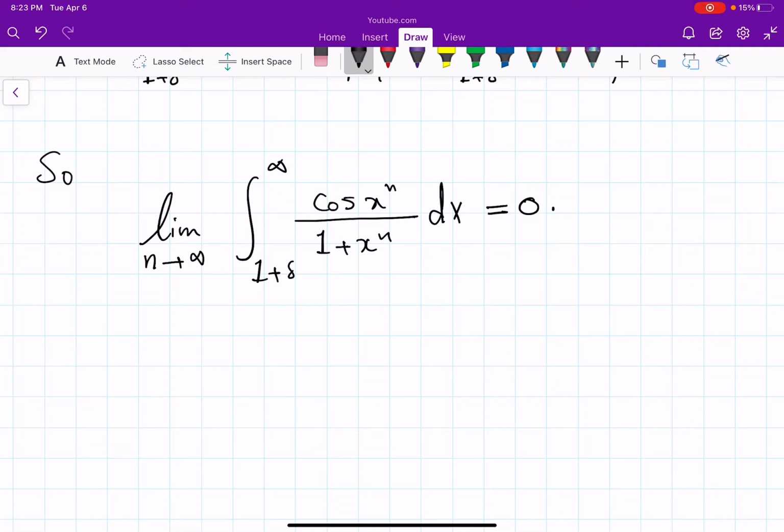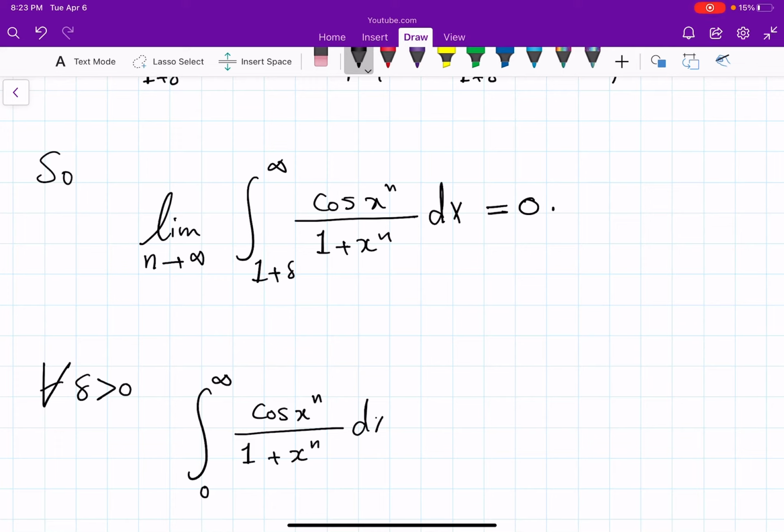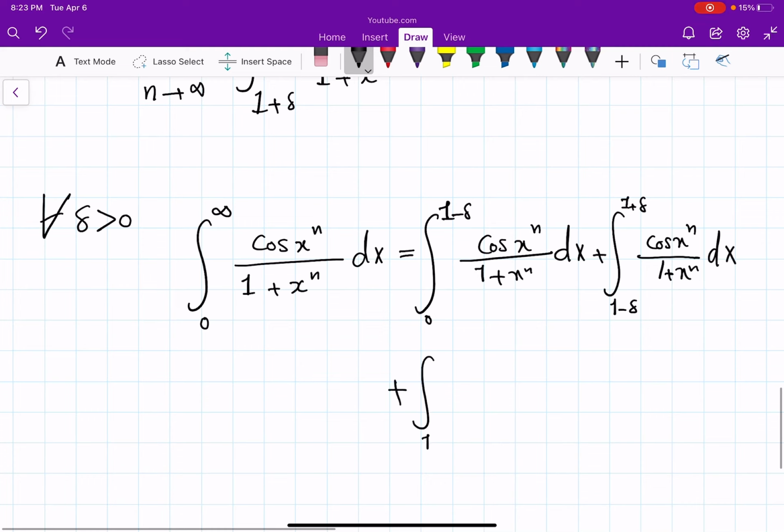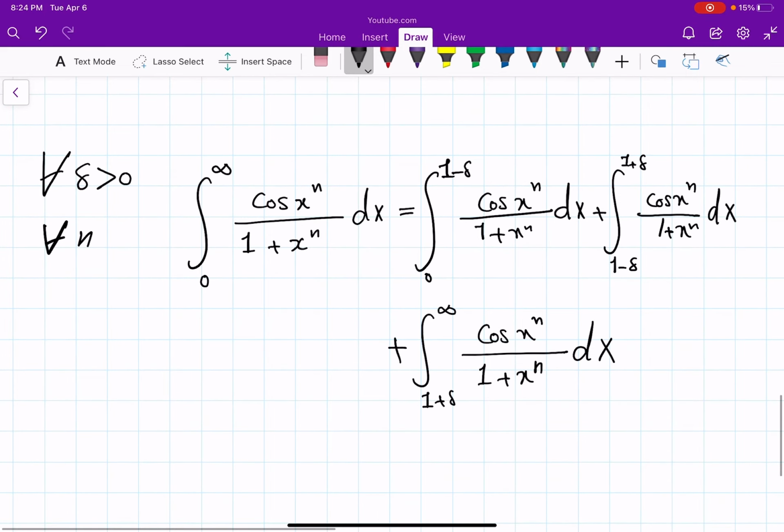So what happens is, again, for every delta positive, the integral from 0 to infinity of cosine(x^n) over 1 plus x^n dx will equal the integral from 0 to 1 minus delta of cosine(x^n) over 1 plus x^n dx, plus the integral from 1 minus delta to 1 plus delta of cosine(x^n) over 1 plus x^n dx, plus the integral from 1 plus delta to infinity of the same fraction. So this is an obvious equality. For every n, this is true, and for every delta. I simply broke up the interval.